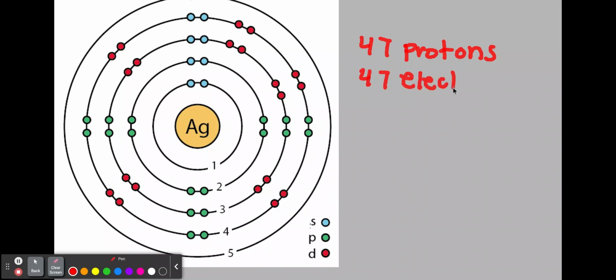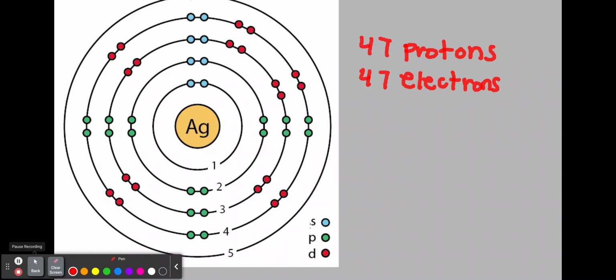That's how it normally works. But if there are one or two more protons, or more electrons, then it will be an ion. If there are more electrons, it will be a negative ion. And if there are more protons, it would be a positive ion. Silver ions are the ones we're talking about for wound care.